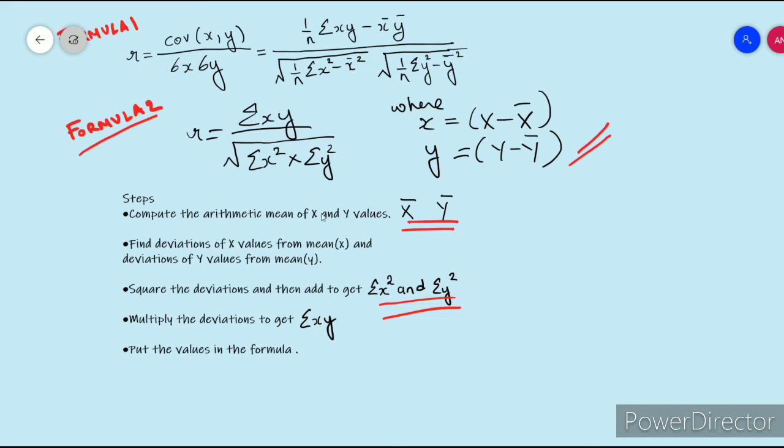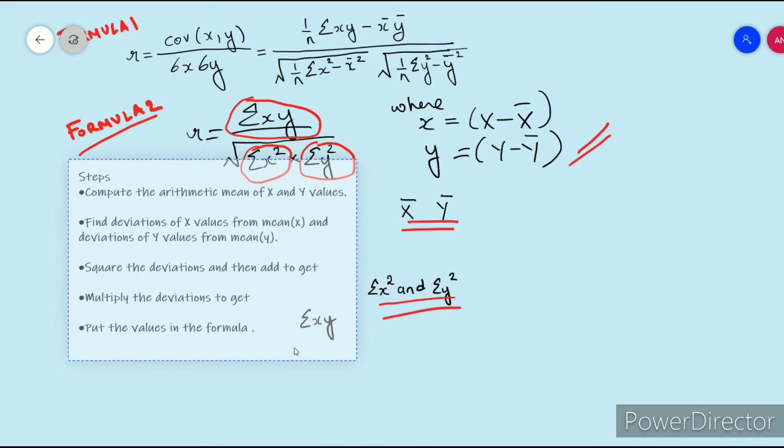So if you look here, we just need to find the value of summation xy, the sum of the squares of the deviations of the x values from the mean, and the sum of the squares of the deviations of the y values from the mean. So let us use formula 2 in solving the same sum that we have solved previously.